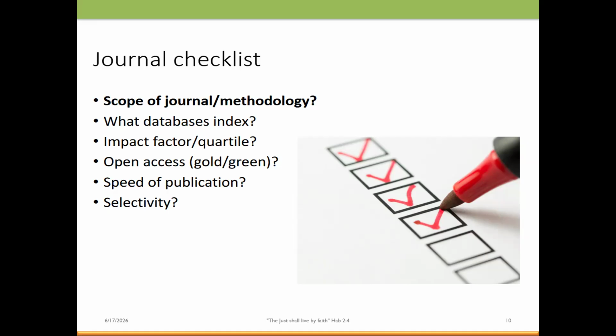Even the same thing when we are selecting the journal, you need to look at the scope of the journal, the methodology, and the databases where this journal is indexed. Check out the impact factor. You can also check for open access.